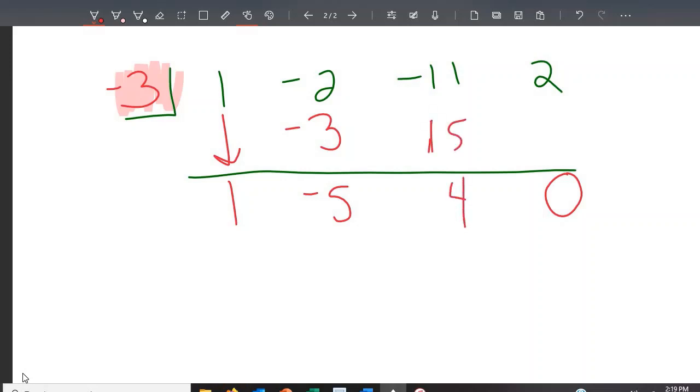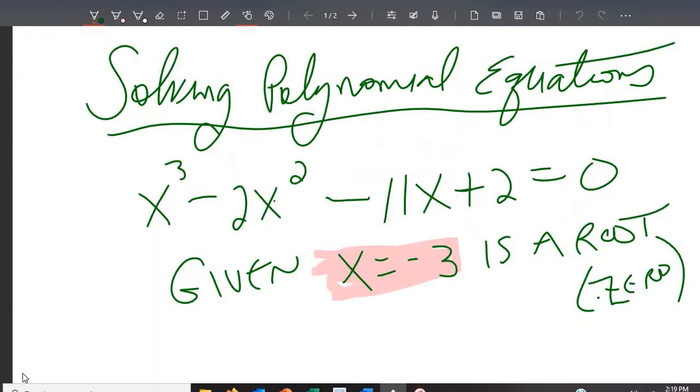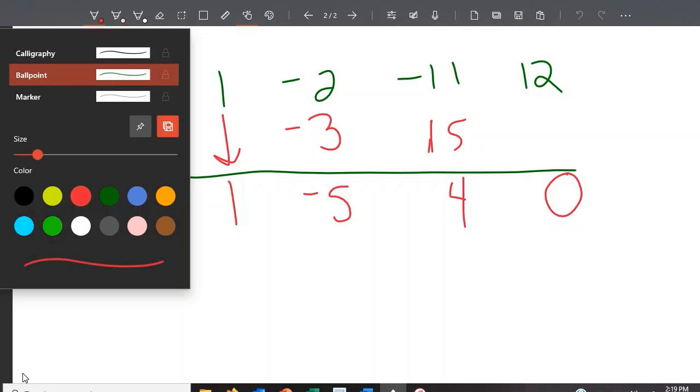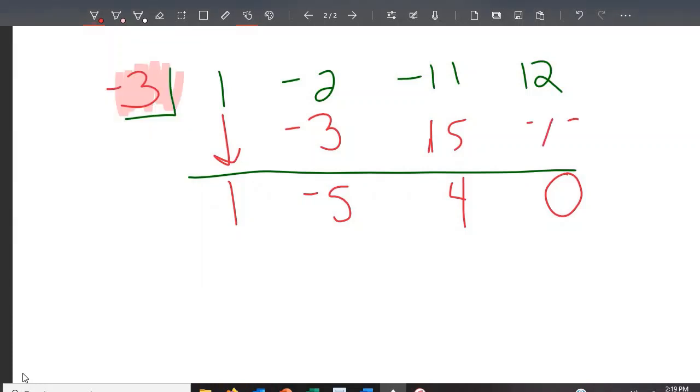I get 4. Hold on, I must have written it down wrong. This should be a 12, not a 2. Okay, so 4 times -3 is -12, which gives me my 0.